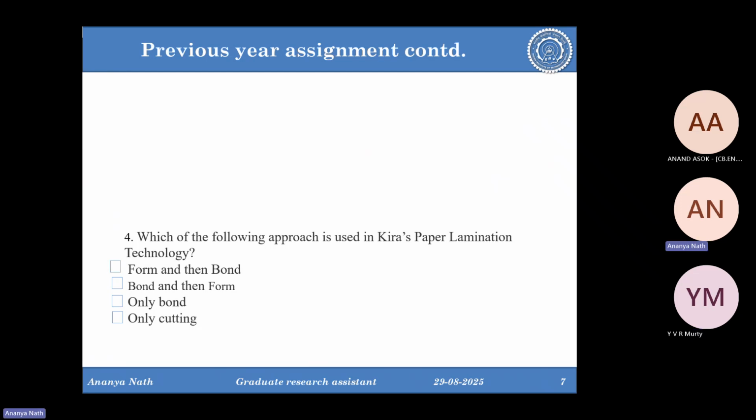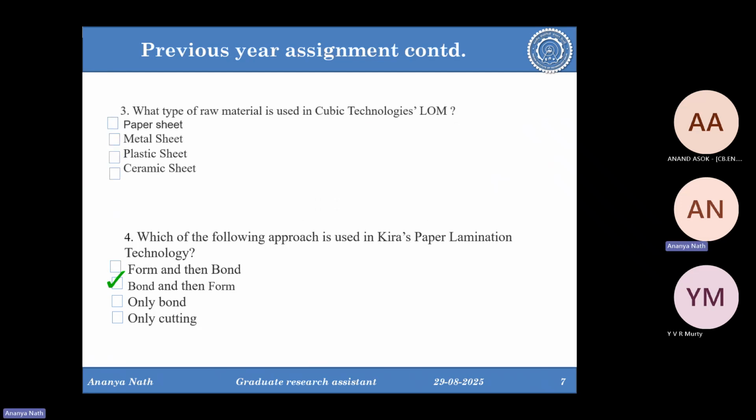It's just that in Kira's we are using the knife, in cubic we are using the laser to cut. Bond and then form. What type of raw material is used in cubic technology LOM? Again, a very easy question: paper sheet.